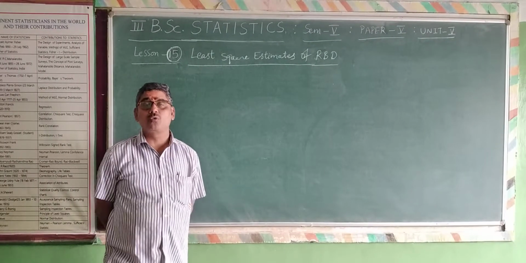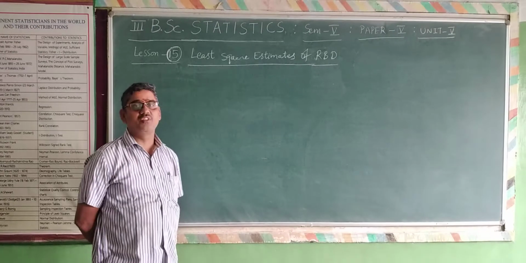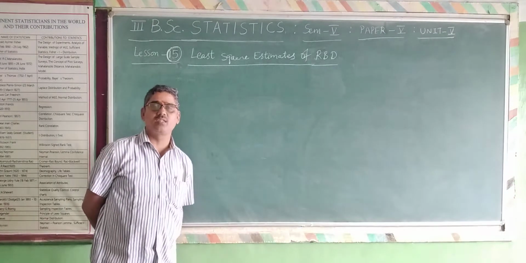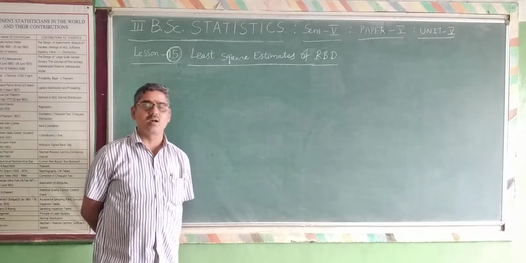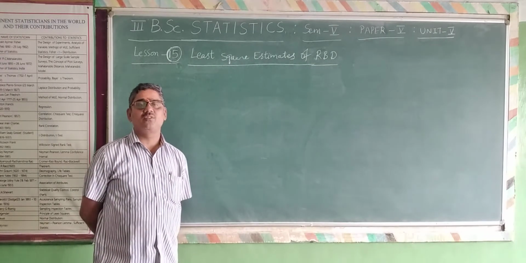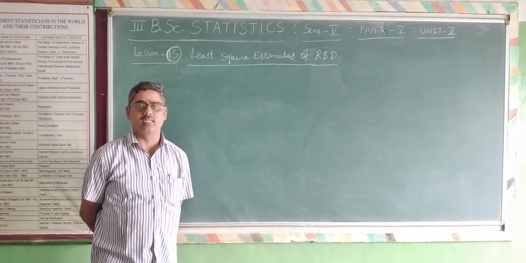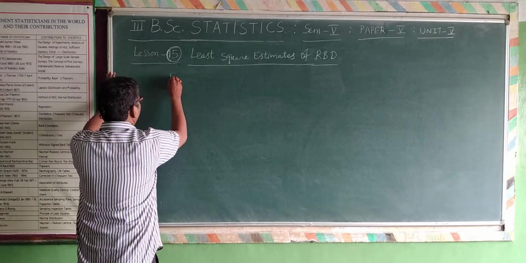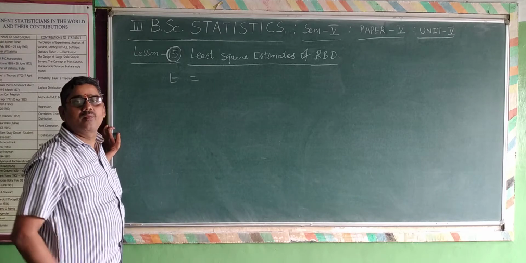And also you have to estimate epsilon ij with the help of mu, alpha i and beta j. After estimating these parameters, we also have to estimate epsilon ij, right? So for which you are considering the sum of the squares of the residuals.